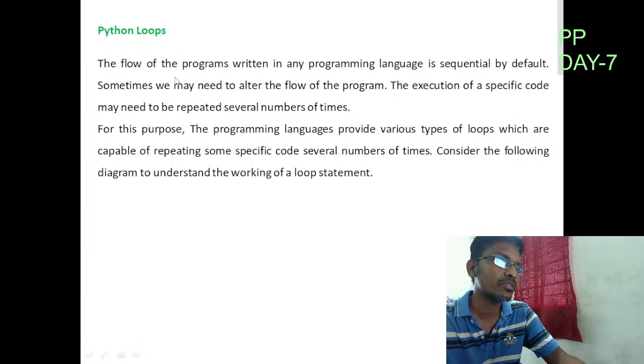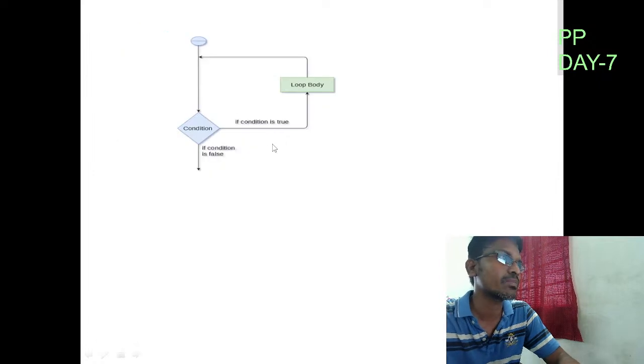That means if the condition is true, then it will execute the true statements. If the condition is false, then it will execute the false block, but not both true and false statements. Whereas in Python loop control statements, we have to execute these statements repetitively until the condition becomes false. For that you use loop control statements, as in C, C++, Java and other programming languages.